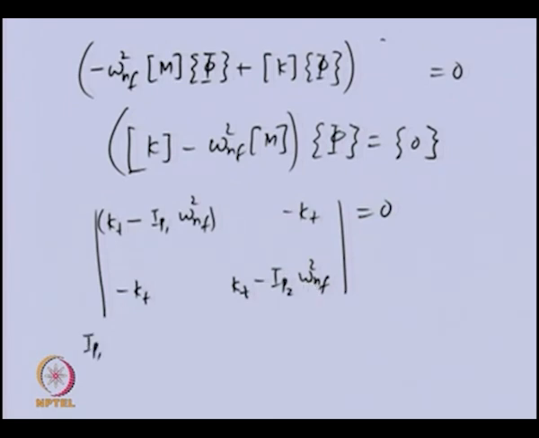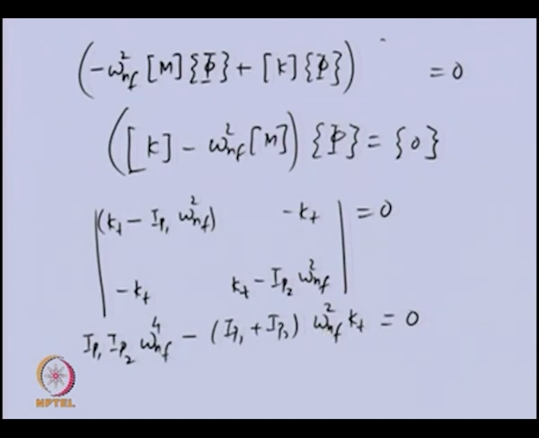So, after simplifying the determinant, we will get this term: IP1 IP2 omega NF to the fourth, minus IP1 plus IP2 omega NF square KT, is equal to 0. So, here we can see that omega NF square is common.